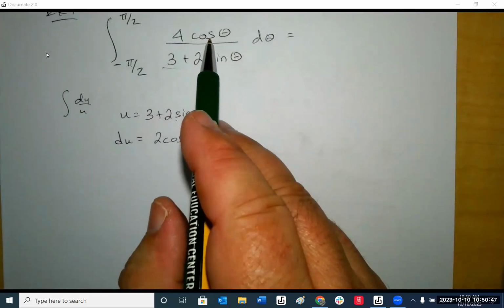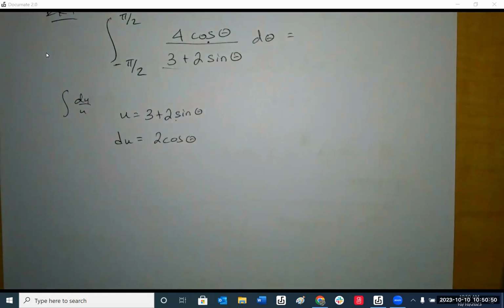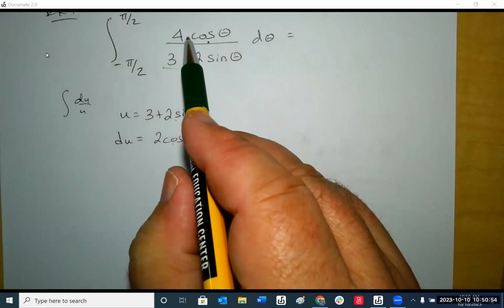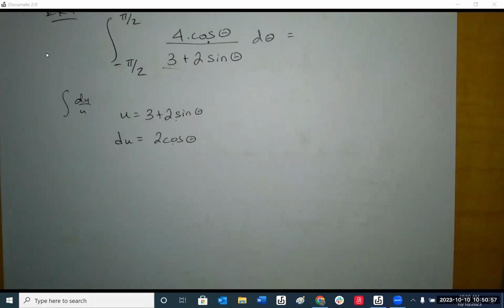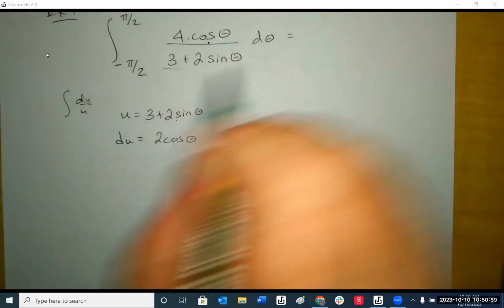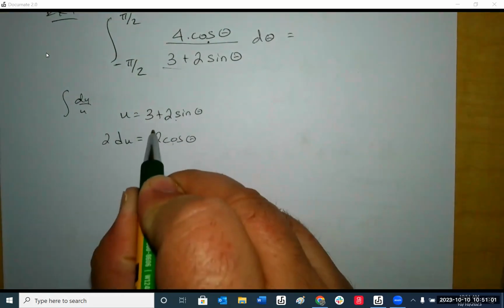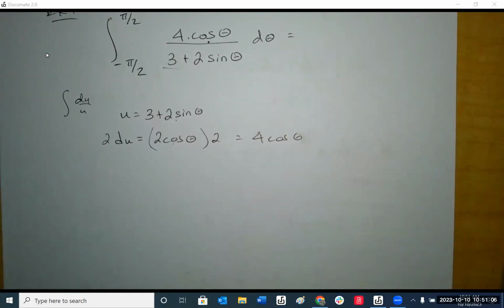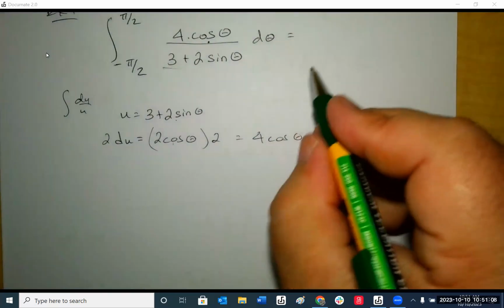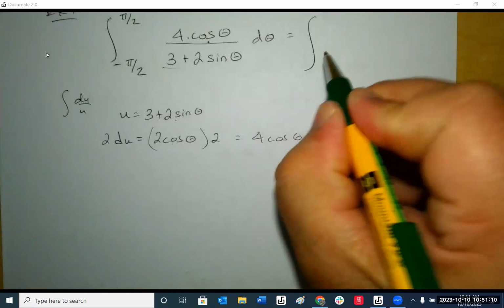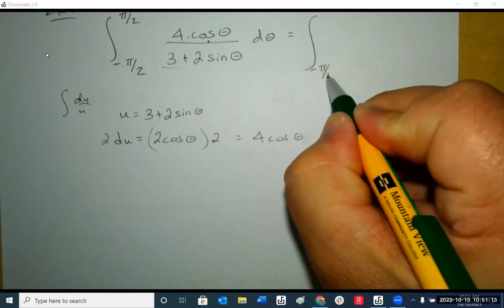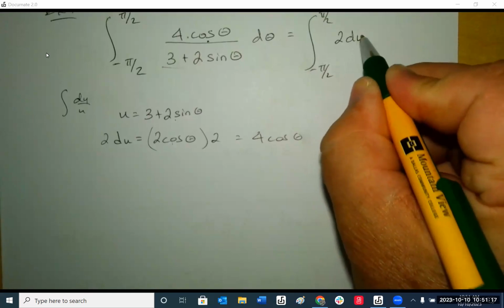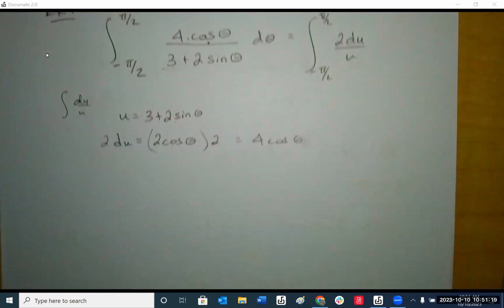So we're pretty close. What are we missing? Multiply by 2. So if we multiply by 2, then we have 4 cosine theta. So our equation matches 2 du over u.